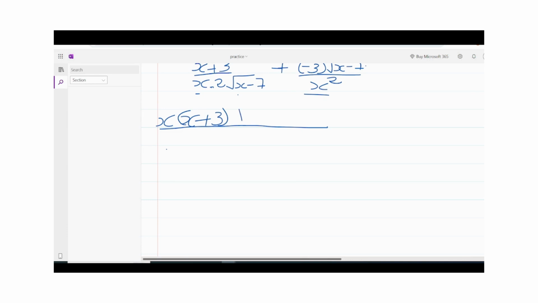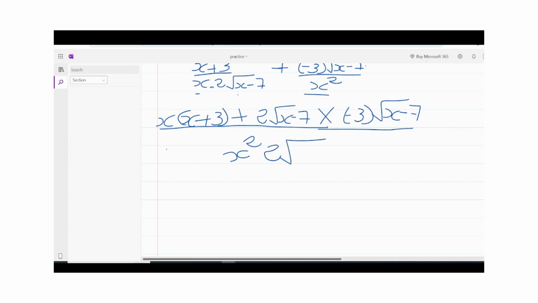So I have plus 2 root x minus 7 into minus 3 root x minus 7, and this whole divided by x square into 2 root x minus 7.